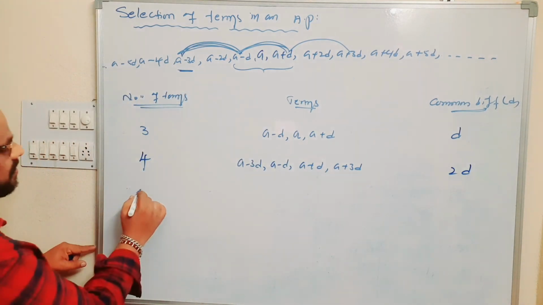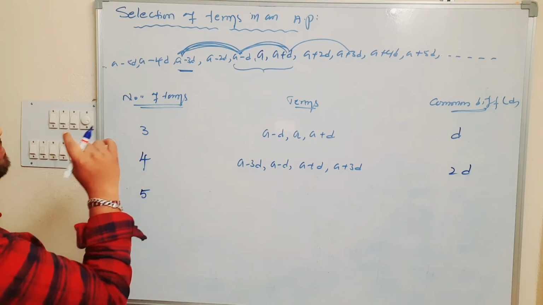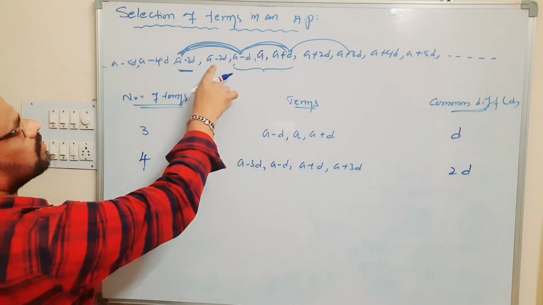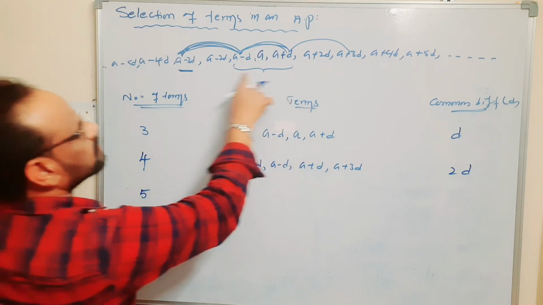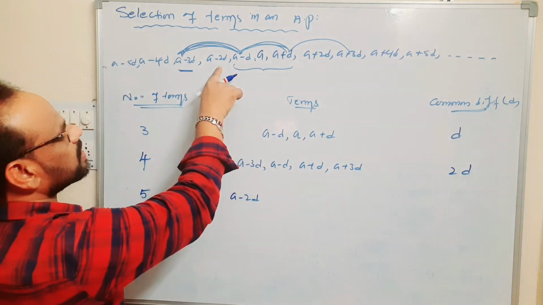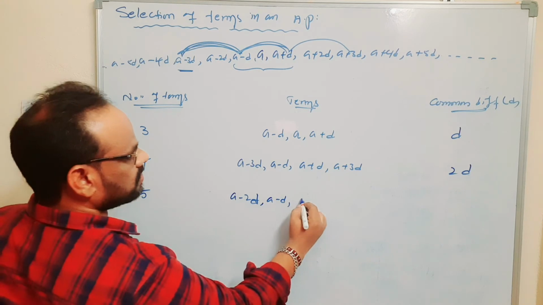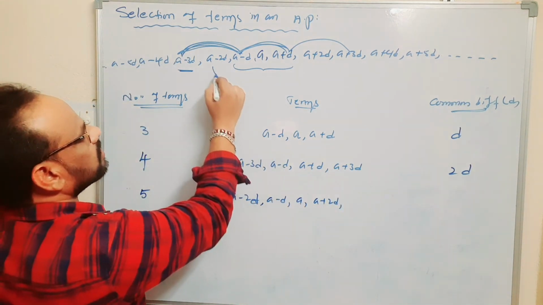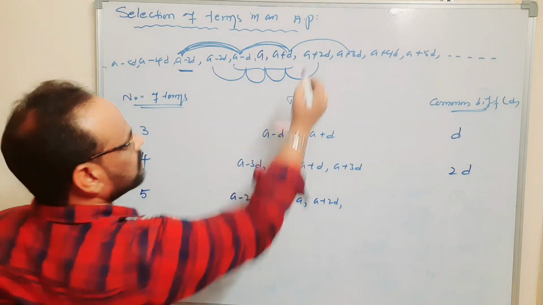If you want 5 terms, select here. Observe here, we want 5 terms: 1, 2, 3, 4, 5. Select a minus 2d, a minus d, a, a plus d, and a plus 2d.